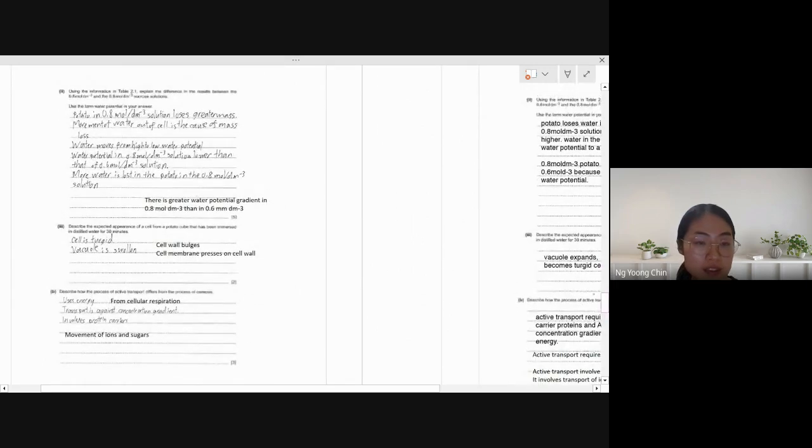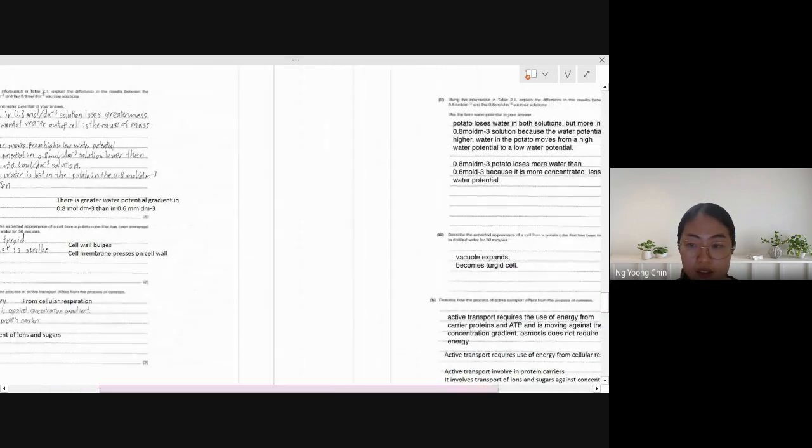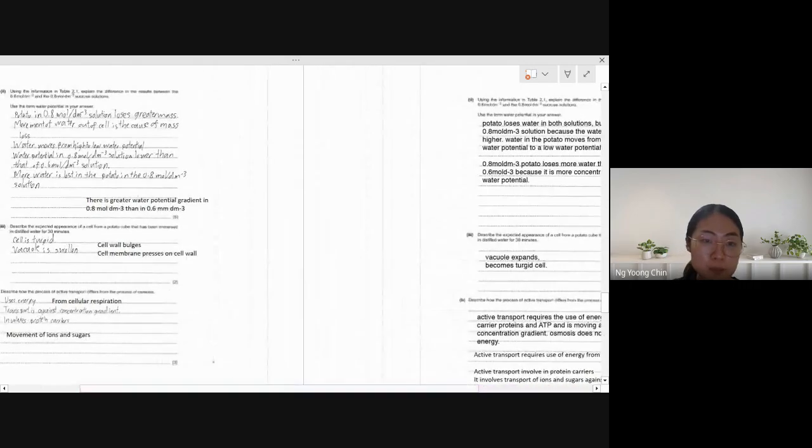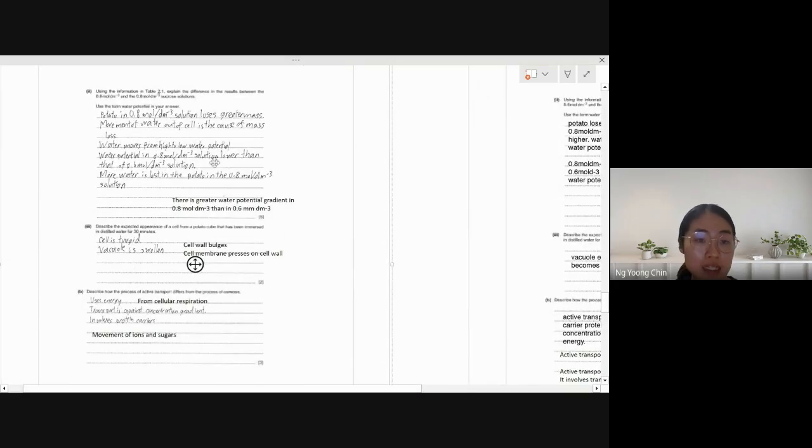Okay, for this. Yes. I think both of you get the correct answer for these two. Okay, but I can add on something. As we know, 0.8 molar compared to 0.6 molar, the 0.8 molar is what we call hypertonic.